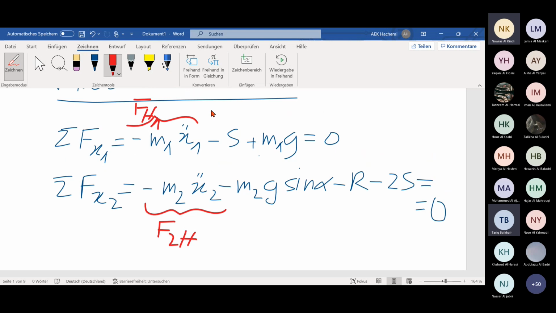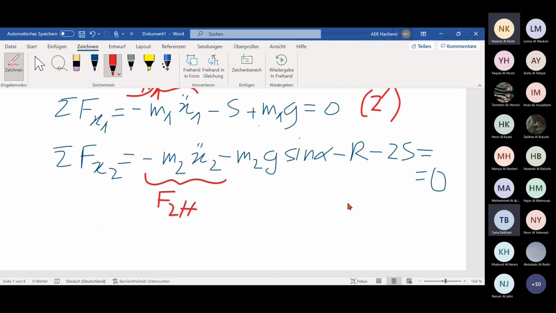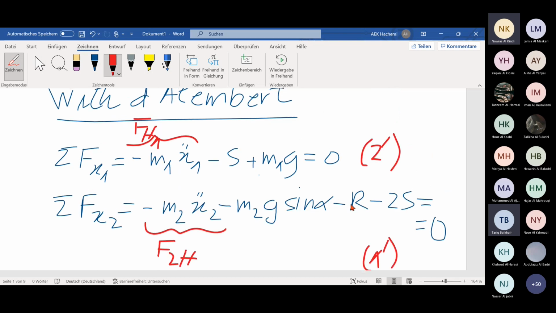This equation here, I call it 2 prime, and this here is the expression 1 prime. The important thing is these two relations, applying either Newton or D'Alembert.